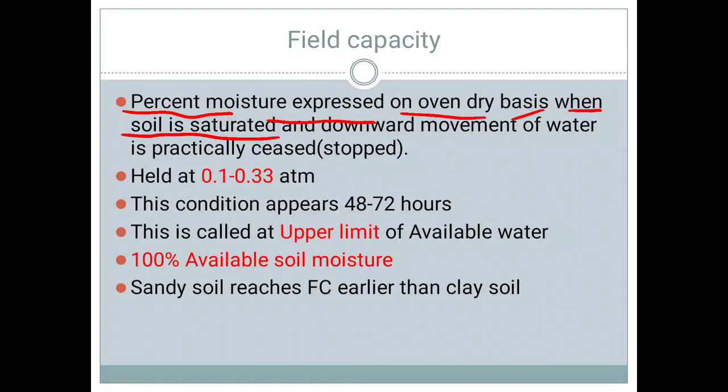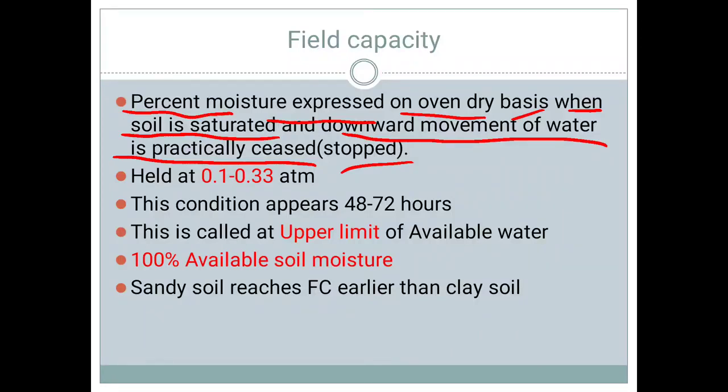The soil is saturated and downward movement of water is practically ceased or stopped. Means when the water is not going down and when the water is held by the soil particles, that water is called field capacity water.